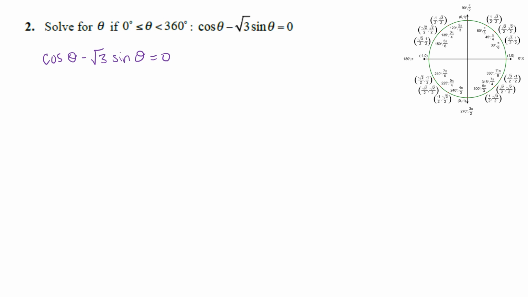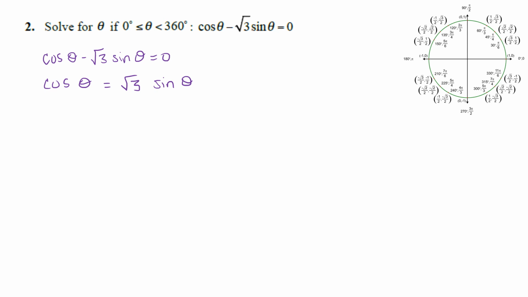Let's move the sine expression to the right-hand side. So we have cosine theta equals square root 3 sine theta. Now, why am I doing that? Well, if I move this over to the right-hand side, then I can divide both sides by cosine, which will allow me to get to tangent. So then I would have reduced 2 trig functions down to 1 trig function.